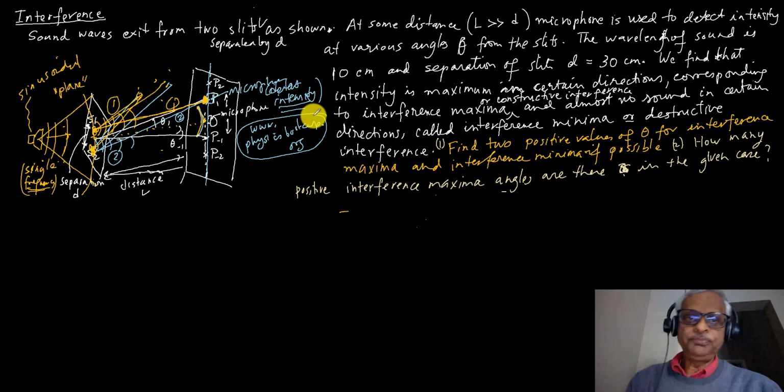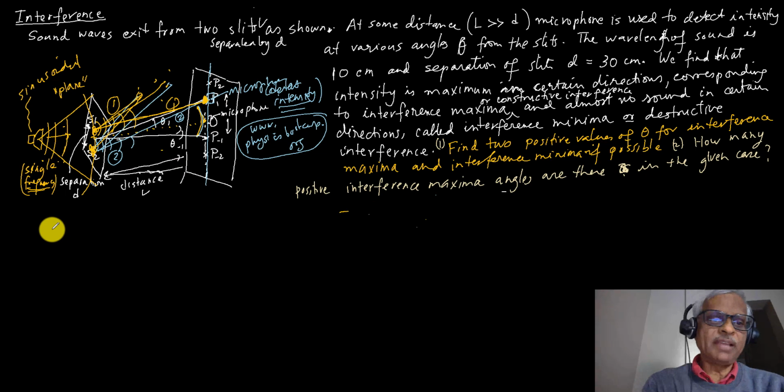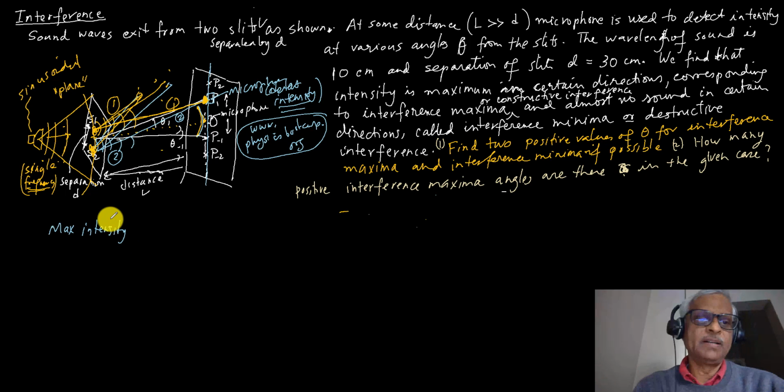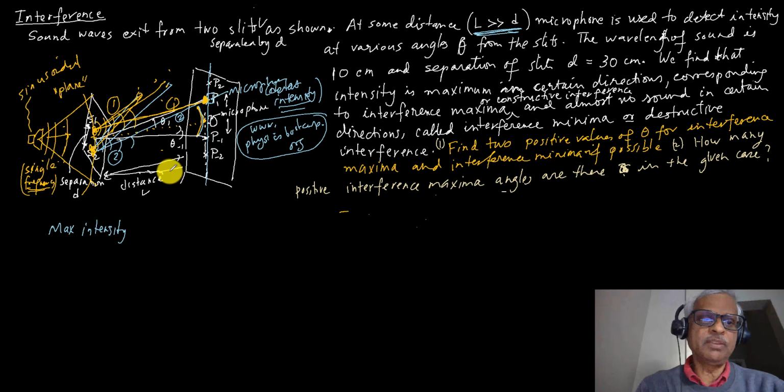So the upshot is you are going to get a formula where at certain places the intensity is maximum, in the limit that we're looking at, when this distance is very far compared with the distance here. So L is much greater than D, where D is the separation between these two slits.